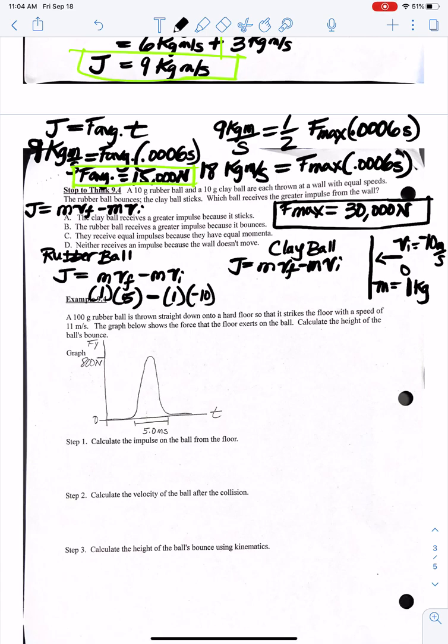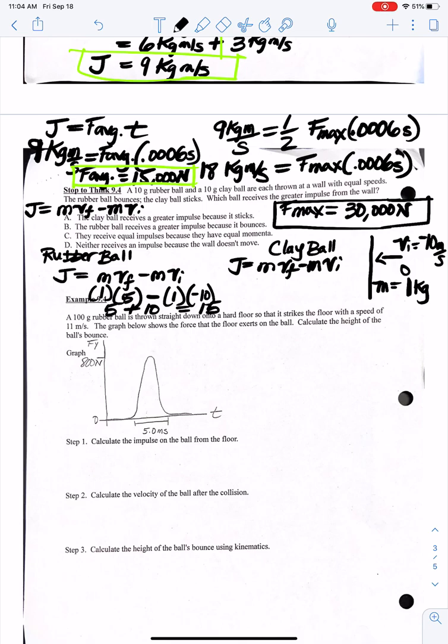All right, so what we see is we have 5 minus a negative, which is going to be plus, right? Because when we do the math there, that's going to be a positive. And so we get 5 plus 10, which is equal to, J is equal to 15 for the rubber ball.